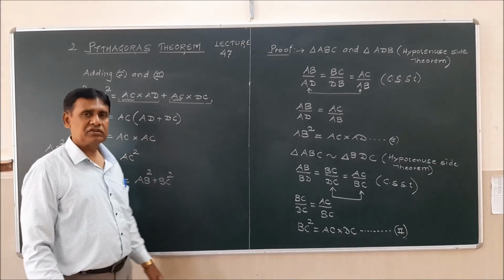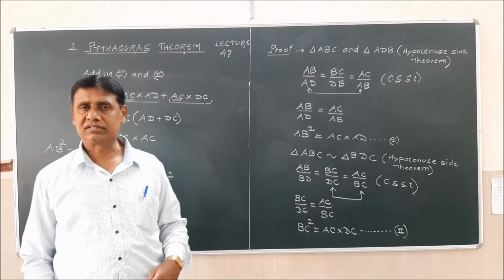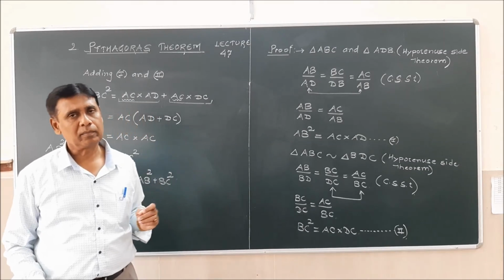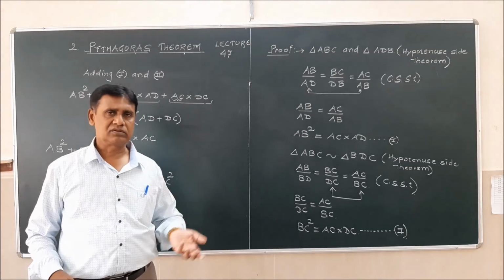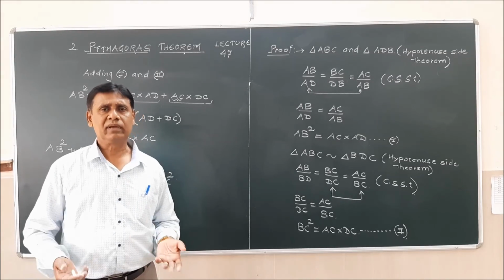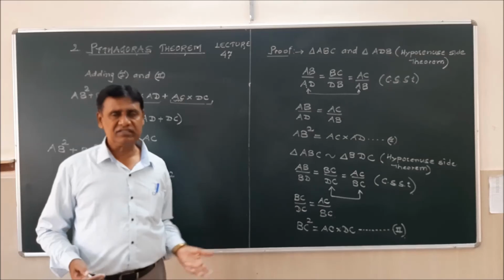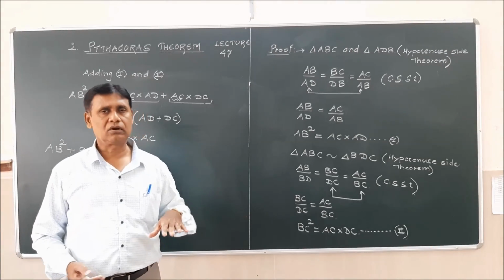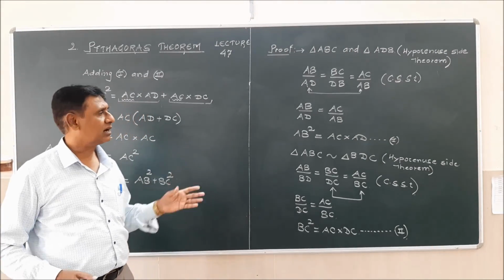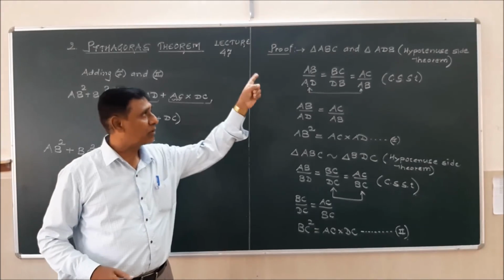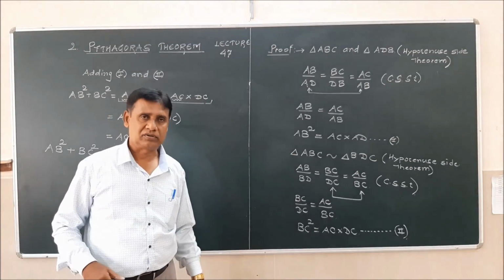So from the examination point of view also, dear students, this is a very important theorem, the theorem of Pythagoras. And you must be happy to know this is very easy proof to write. It's not so difficult to understand all these concepts. Only that one correspondence is important.